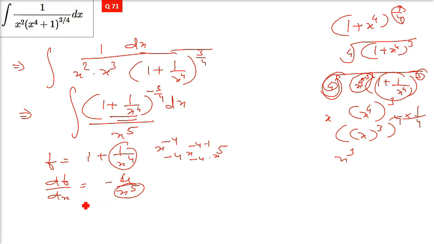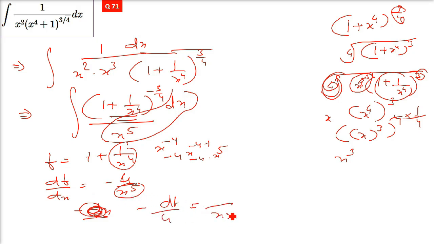So x to the power 5 will come in the denominator, and we have a negative 4 also. We just need dx by x to the power 5 on one side. So dx by x to the power 5 will result in negative dt by 4. It is already there in the simplified form which I just told you. So let's do it here. I have less space, so just bear with me.